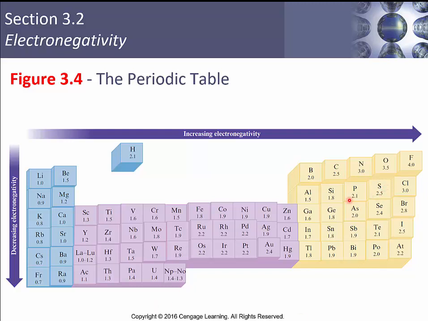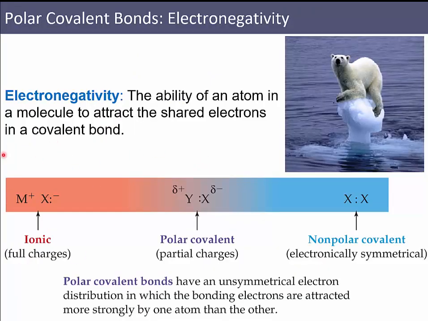And the electronegativity difference between element 1 and element 2, so sodium and oxygen, or carbon and sulfur, or boron and manganese, is what's going to determine whether something is ionic, where we have, quote, full charge separation; whether it's polar covalent, where we've got partial charges, a partial positive charge on one atom and a partial negative charge on the other; or whether it's nonpolar covalent, where we've got a symmetrical charge.